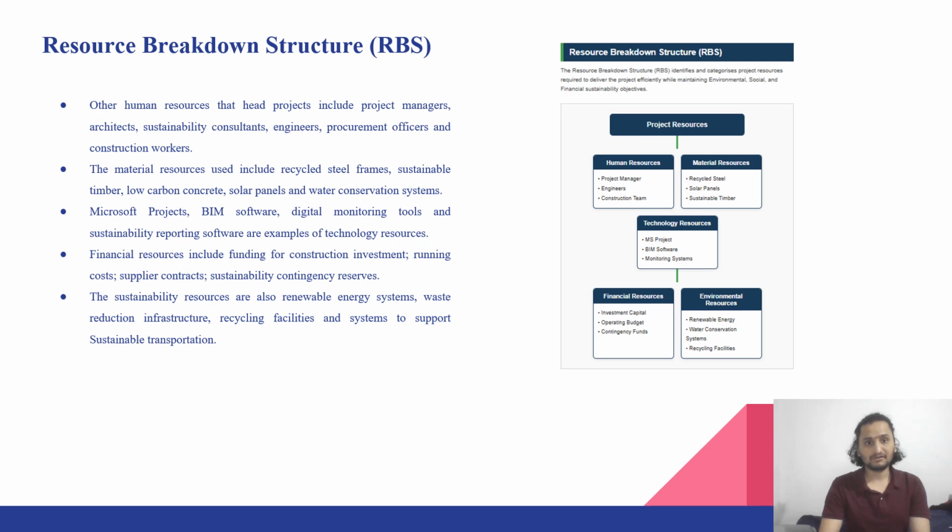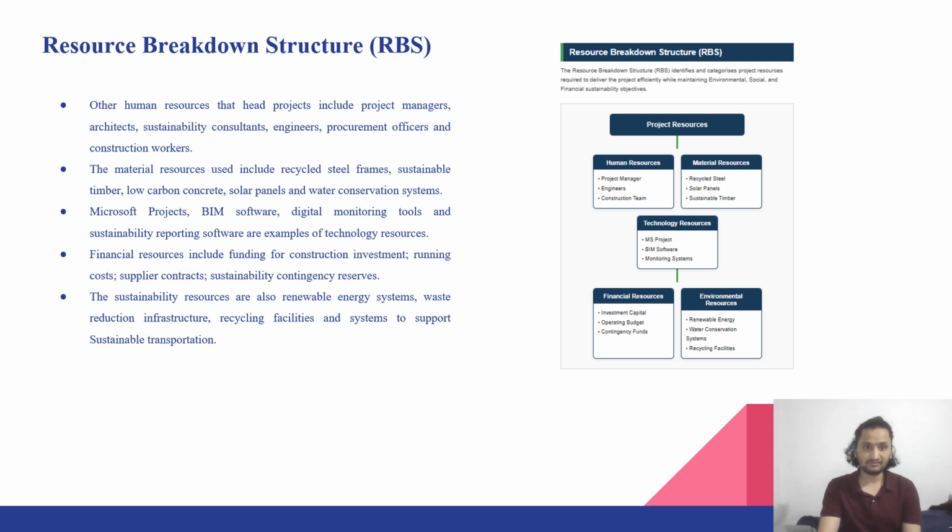The fourth slide is about the resource breakdown structure. The human resources that head the project include the project manager, architects, sustainability and construction engineers, the procurement officer, and construction workers.